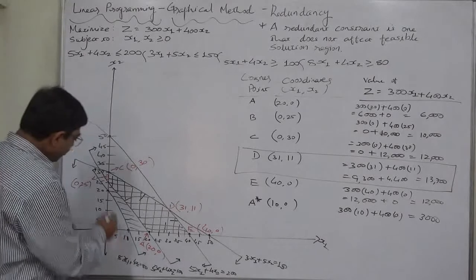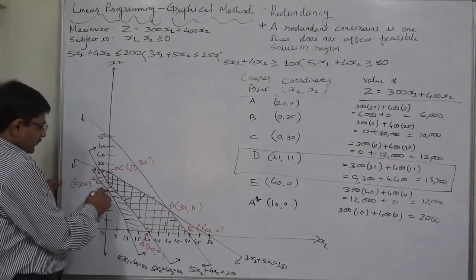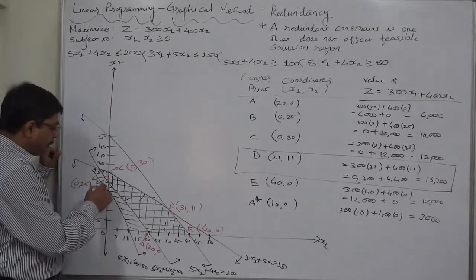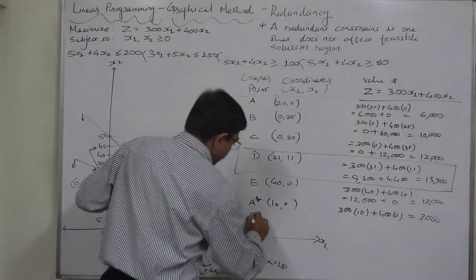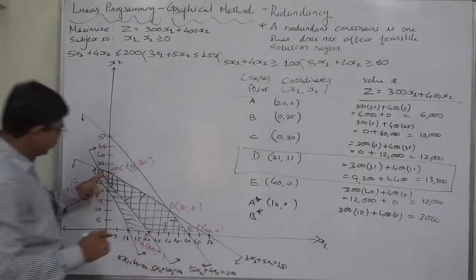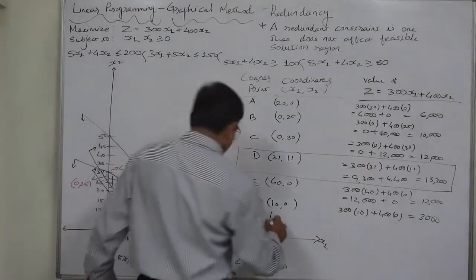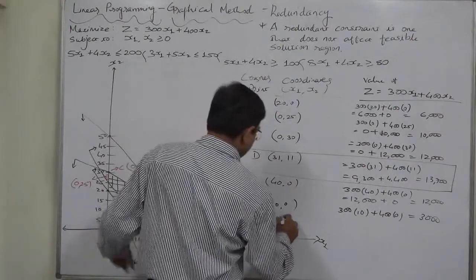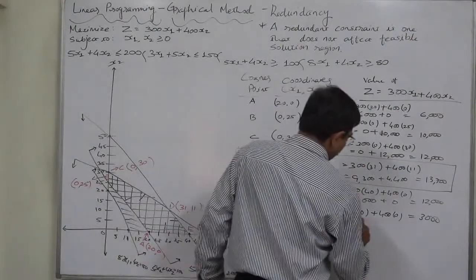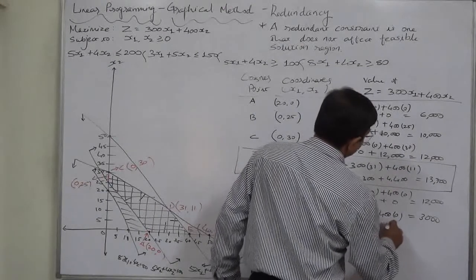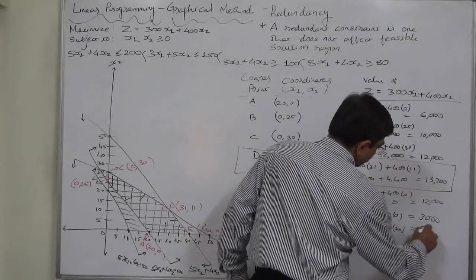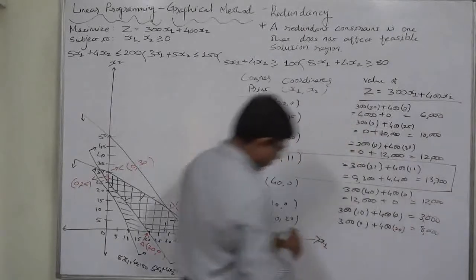Yes, and this will become B. Again, to differentiate it with our original B, I am using the sign of asterisk, and that will be 0 and 20. So it will be 300 into 0 plus 400 into 20, and that will be 8000.